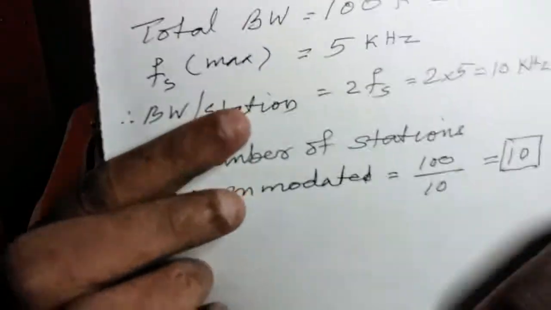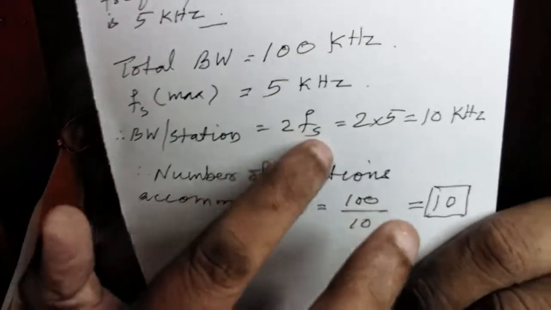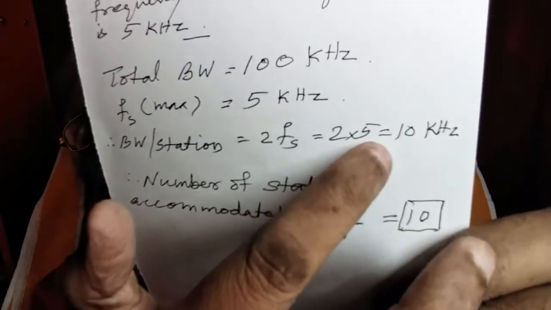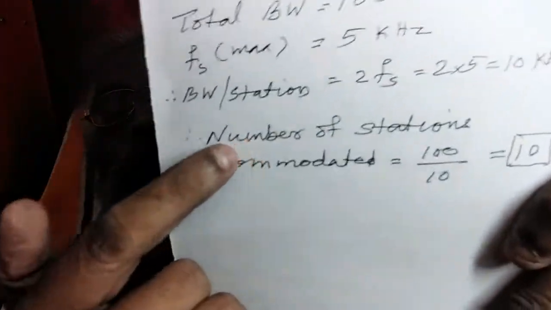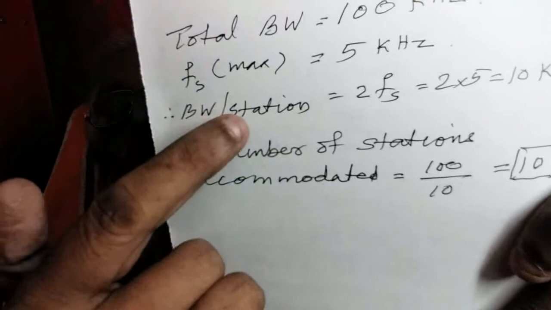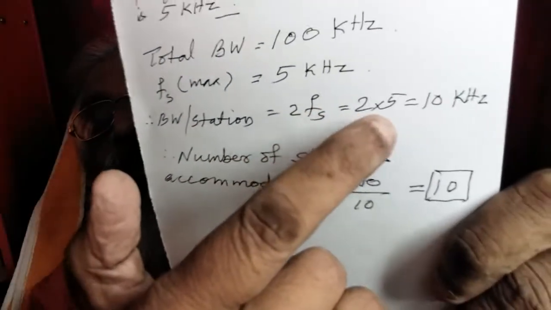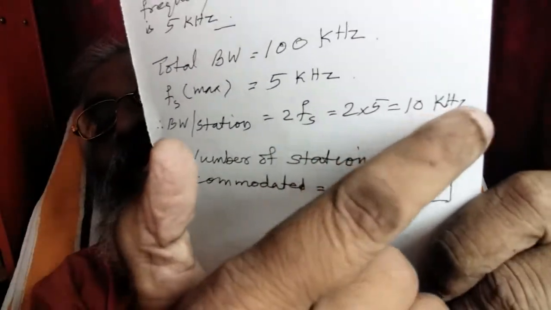Now you know that the bandwidth per station, or per modulated wave, is twice the signal frequency, 2fs. So bandwidth per station is 2 into fs, where fs is given to be 5 kilohertz, that is 2 into 5 equals 10 kilohertz.